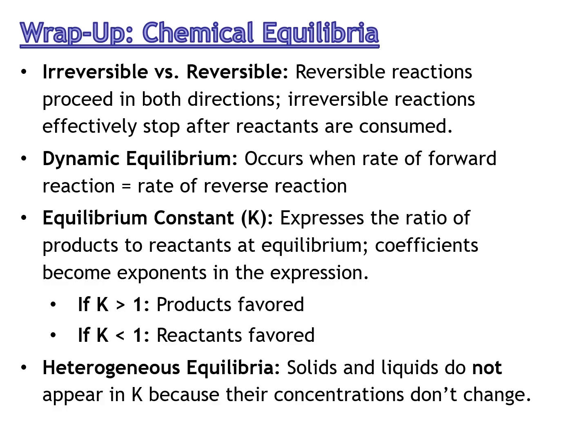We saw that the equilibrium constant is going to be the ratio of the products to the reactants, so products up in the numerator, reactant molar concentrations down in the denominator. And you have to remember that coefficients are going to show up in our equilibrium constant as powers.